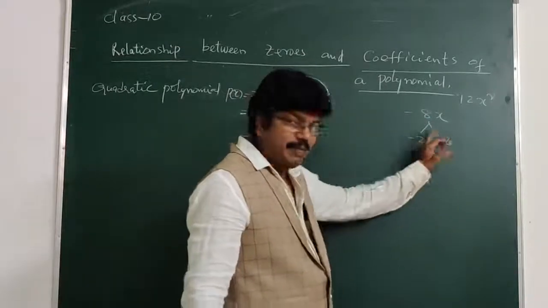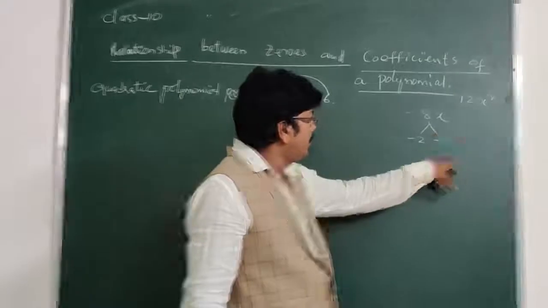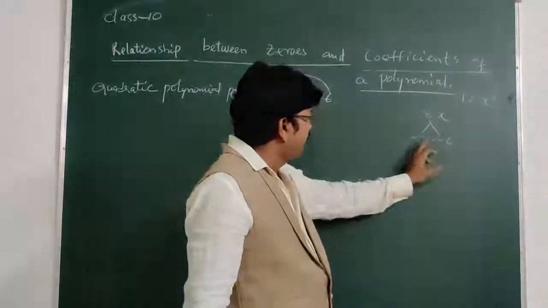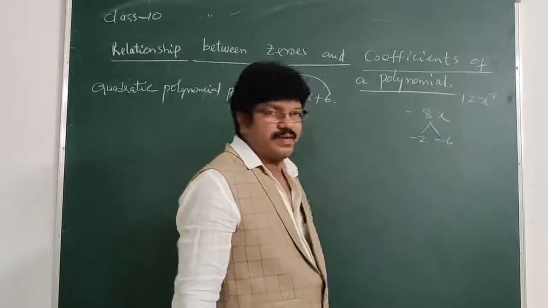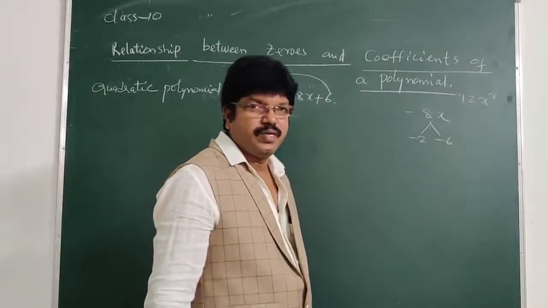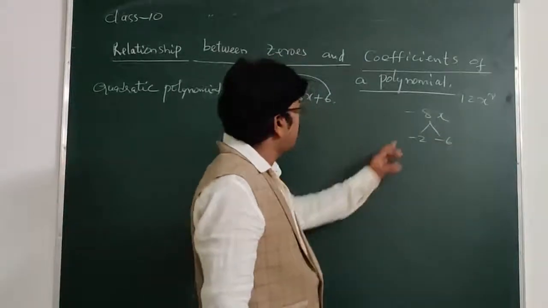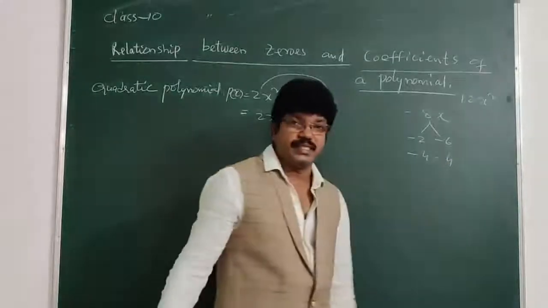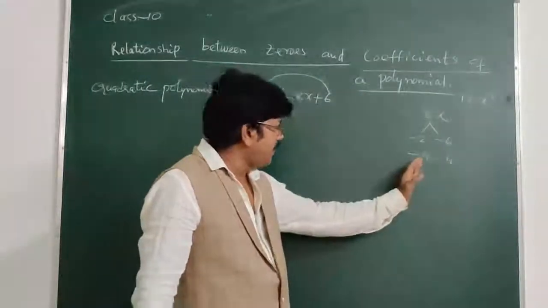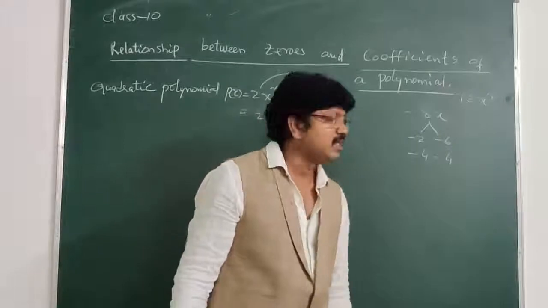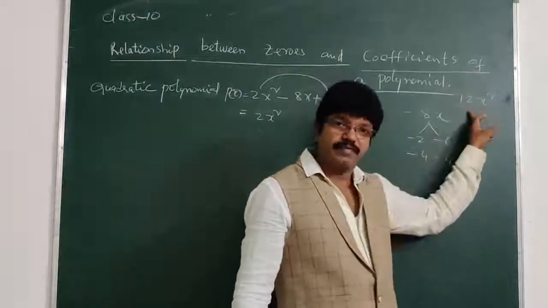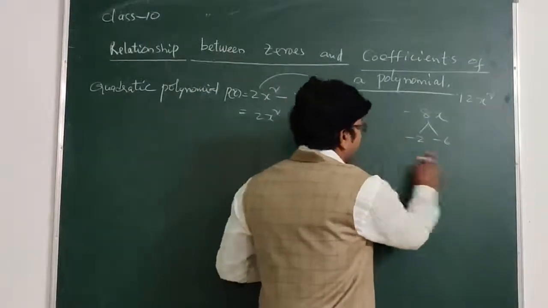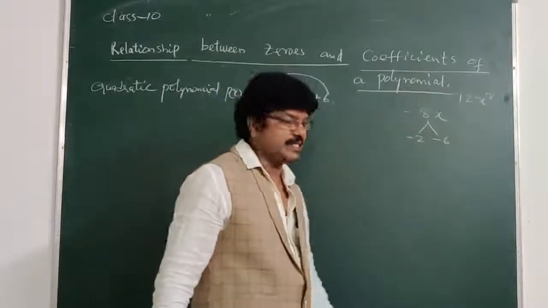If we multiply these two, we get plus 12, since minus into minus is plus. We could also write minus 4 and minus 4, which add to minus 8, but multiplied 4 fours are 16, and we require 12. So we don't take this. We take only minus 2 and minus 6.